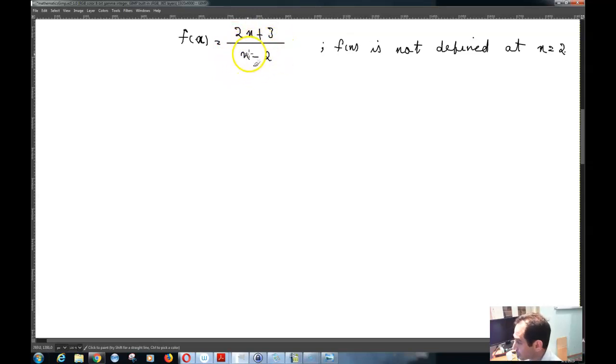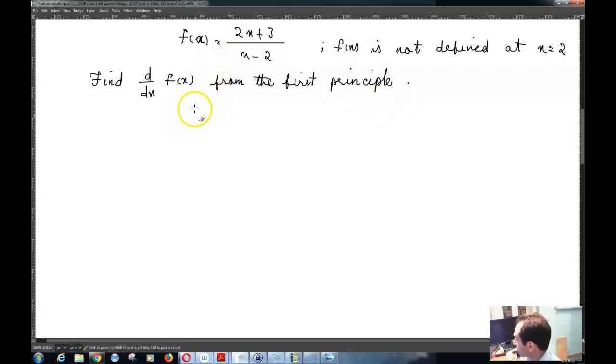So your function is not defined there. And you want to find the derivative d by dx of f of x from the first principle. Okay.